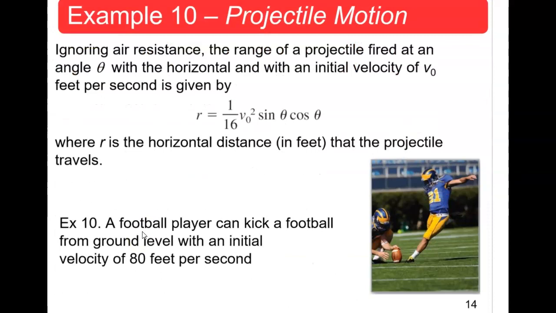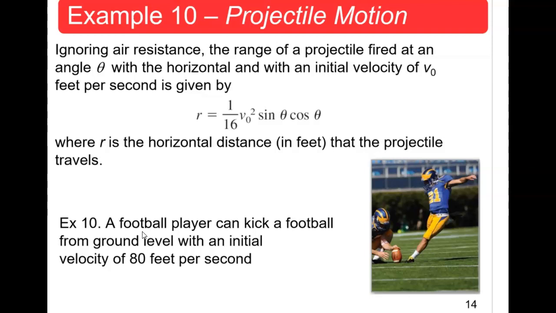Okay, so for the application problem, example 10, we're going to look at projectile motion. Ignoring air resistance, because if we were not to ignore air resistance, then none of these equations would work.